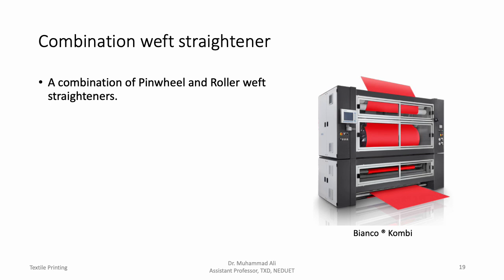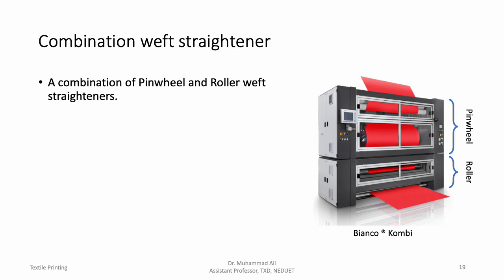So this is what a combination weft straightener looks like. In this image, if you look at the upper part of the machine, then it is simply a pinwheel weft straightener. And if you look at the lower part of the machine, then it is a simple roller or cylinder weft straightener. We have discussed both of these in the previous slides.